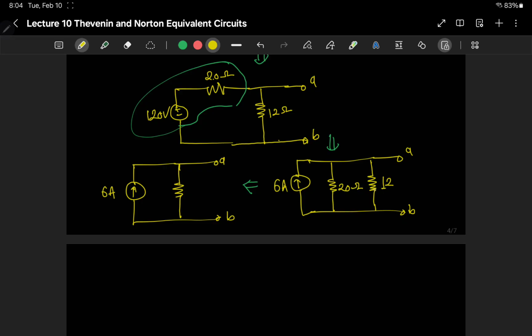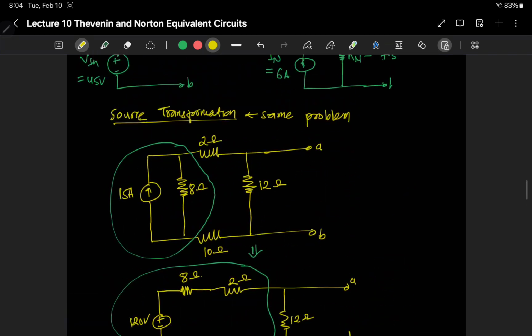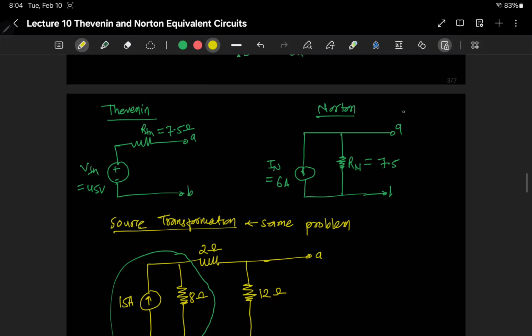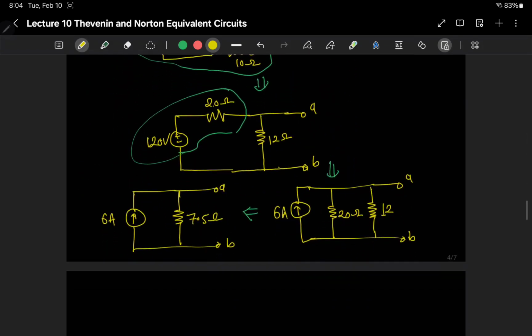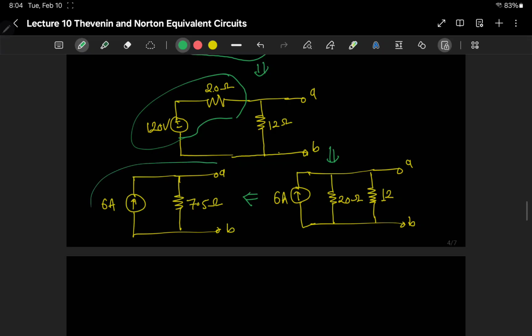So 12 times 20 divided by 20 plus 12, which is 7.5 ohm, and we reach the same solution as the Norton equivalent circuit here. So this part here is same as the solution we got here. So different methods of solving the same problem.